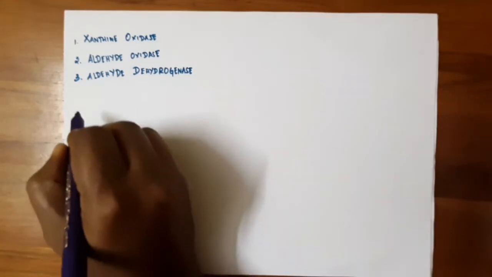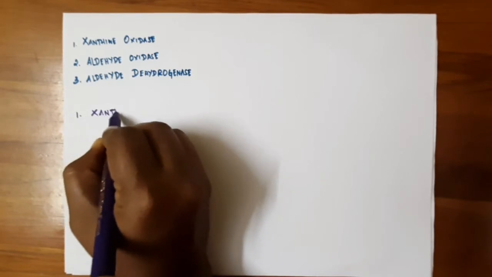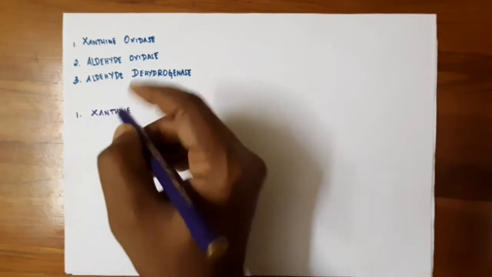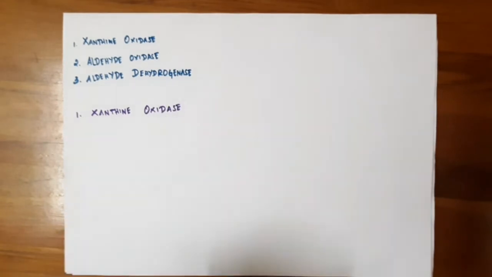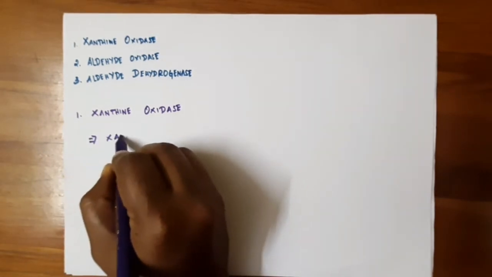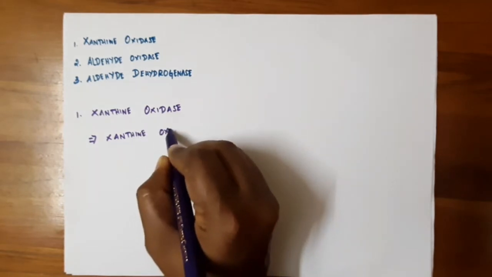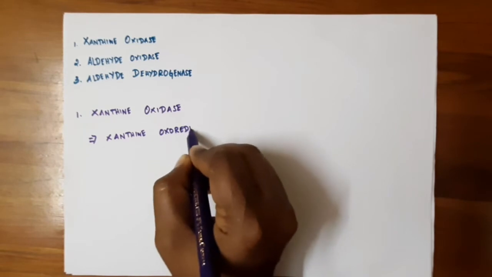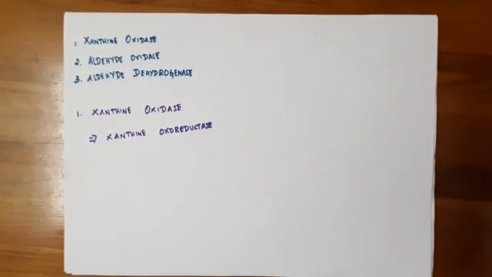First, we will take xanthine oxidase. Xanthine oxidase is otherwise known as xanthine oxidoreductase, and it is present in humans.